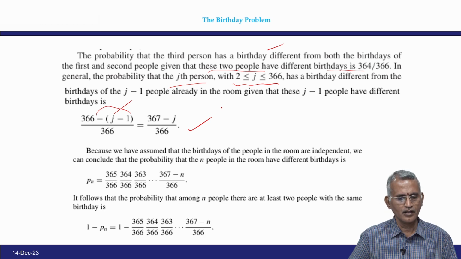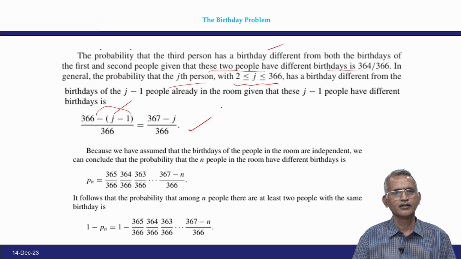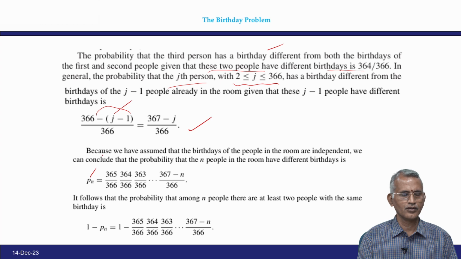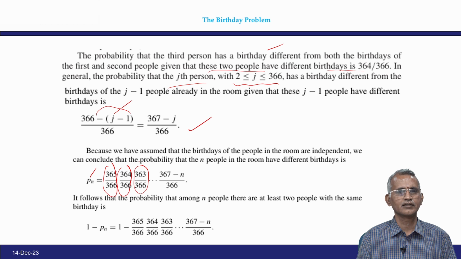Now, we have assumed that the birthdays of the people in the room are independent. So, we conclude that the probability that n people in the room have different birthdays is Pn equal to 365 by 366 times 364 by 366 times 363 by 366 and so on, up to (367 minus n) by 366.